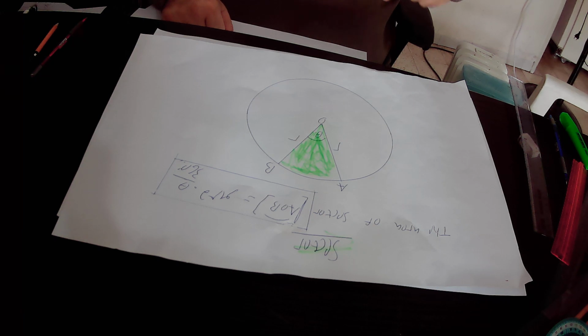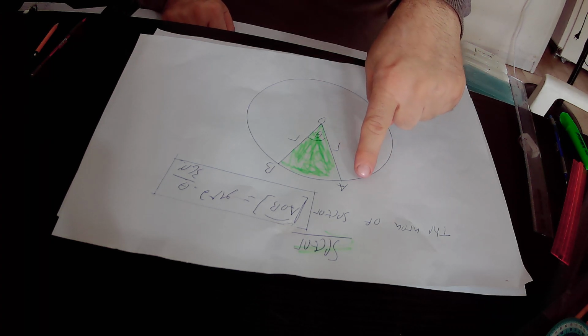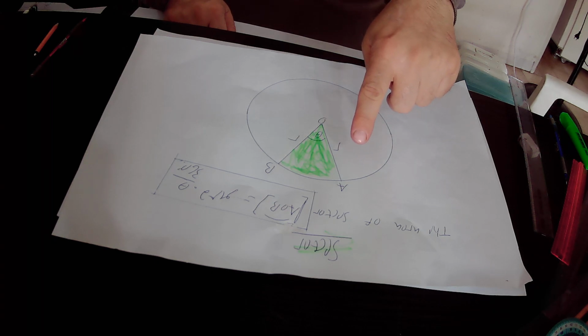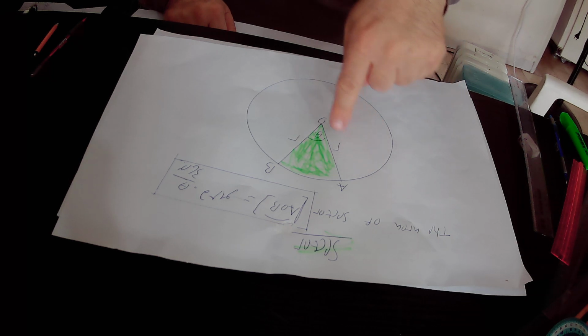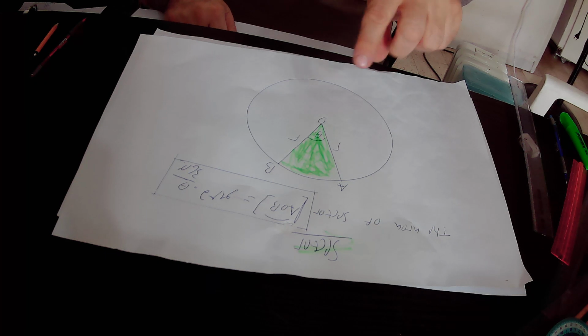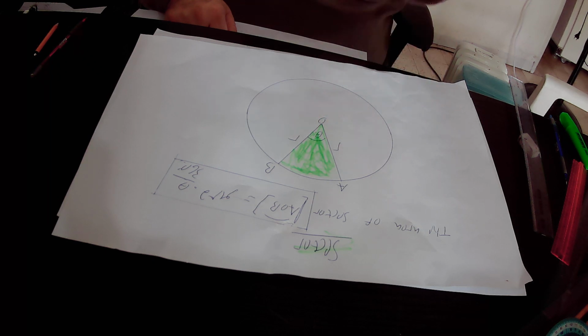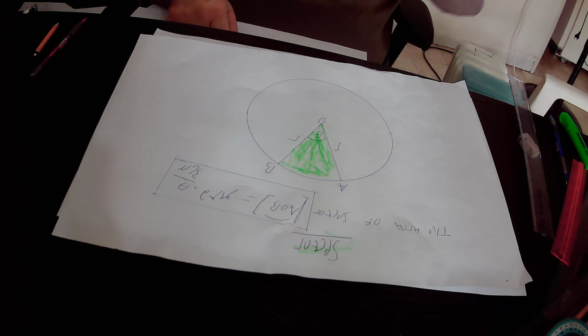arc AB, because we can actually say that this is also arc AB, that you can see also as an arc between A and B, between the radius AO and the radius OB. So we can say that the small arc between points A and B is the arc that the sector AOB consists of.